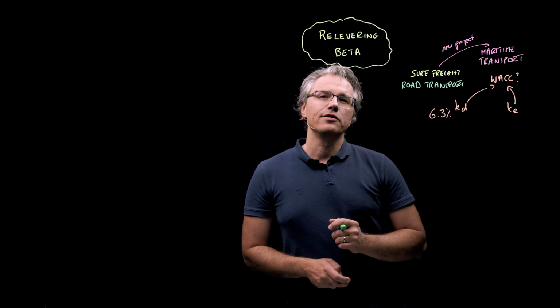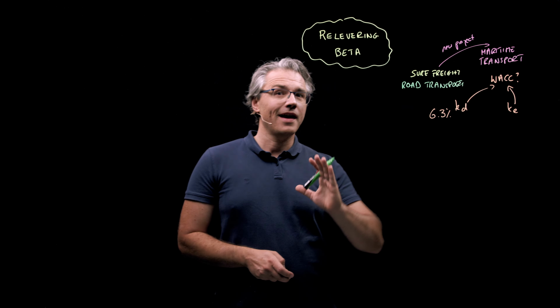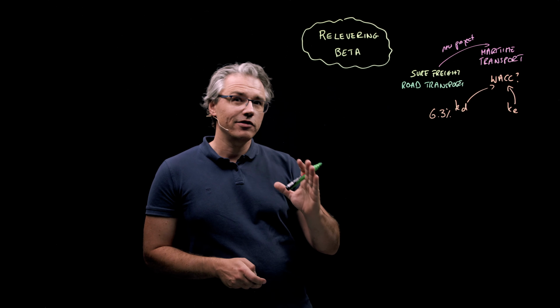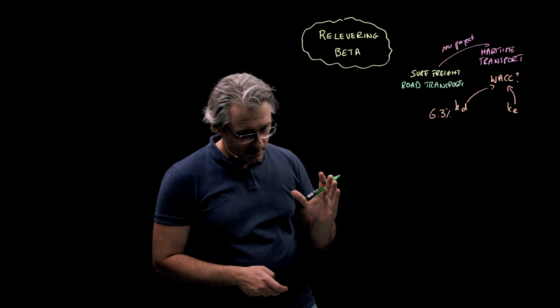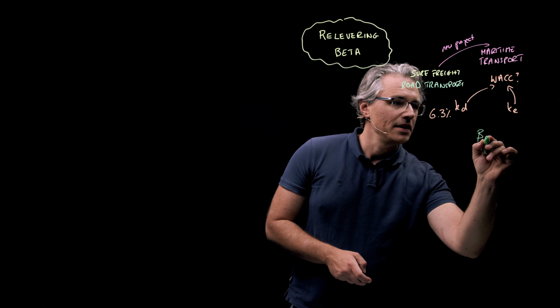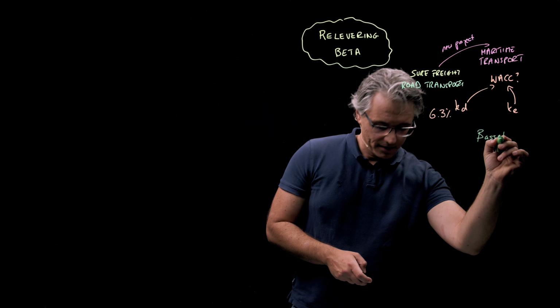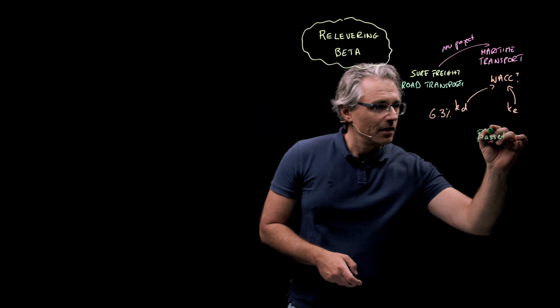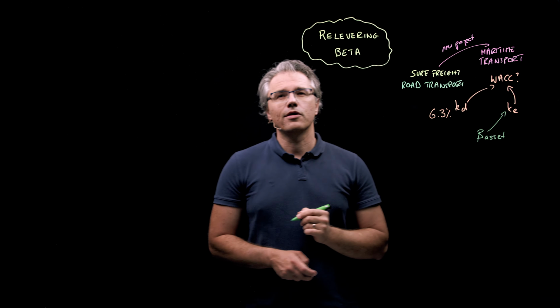So what we need to do is use the asset or unlevered beta provided in the scenario. So I'm going to say over here, beta asset or asset beta, and I'm going to use it to compute the cost of equity.